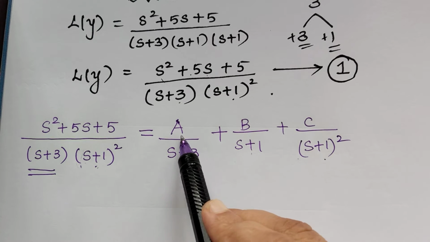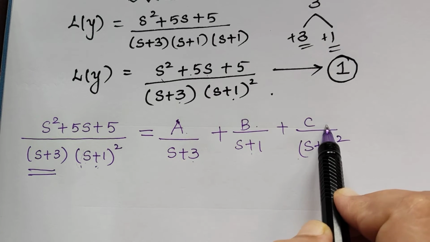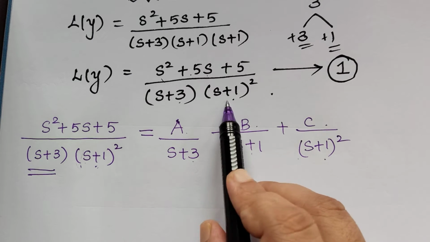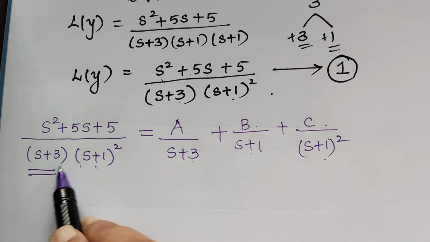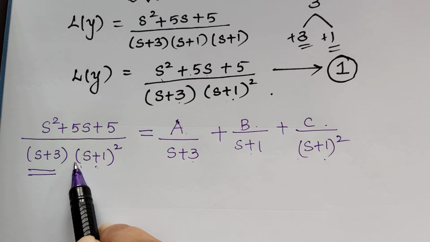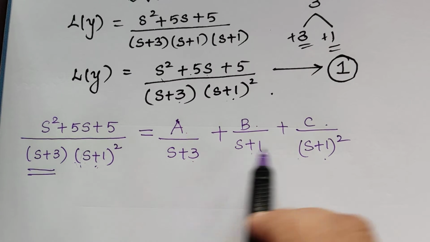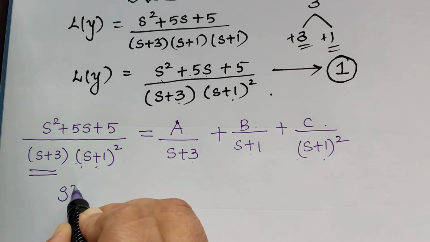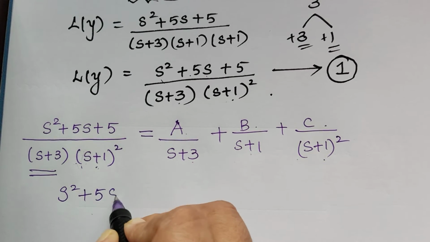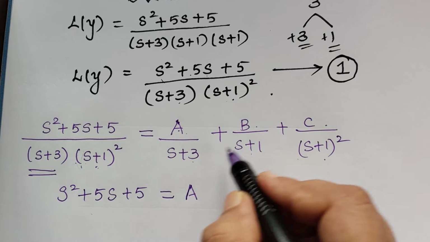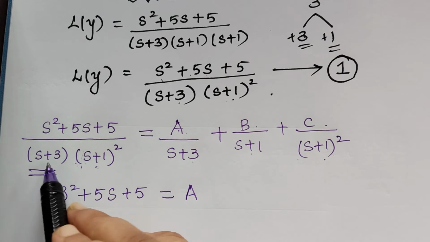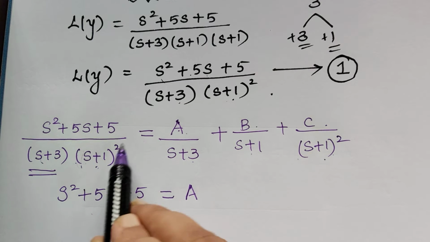Now we have to find the values of a, b and c in order to evaluate these terms. So how to find that? If we take the LCM, on the right we get the same denominator as on the left, so that gets cancelled and the numerator is s squared plus 5s plus 5 is equal to a multiplied with, now the LCM is what? s plus 3 and s plus 1 the whole squared.